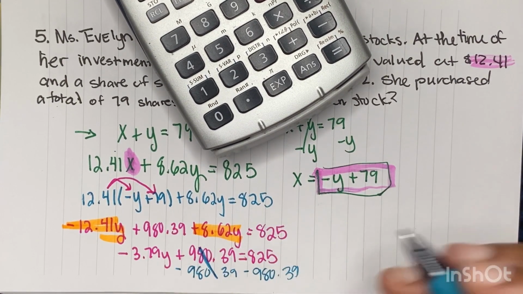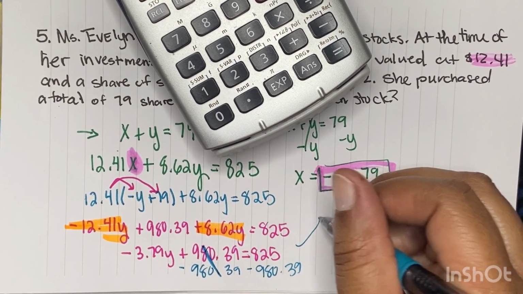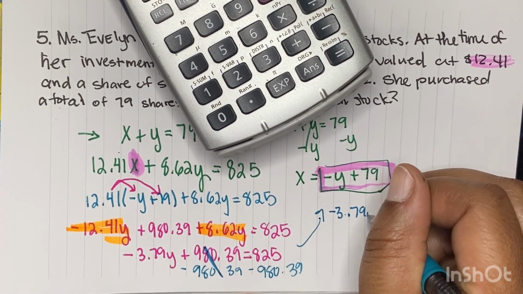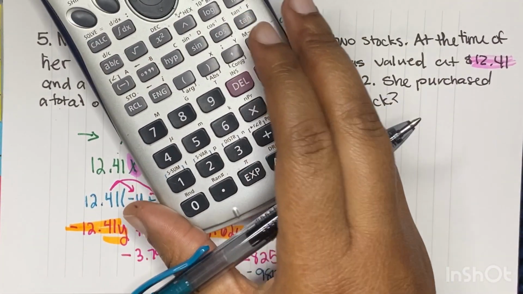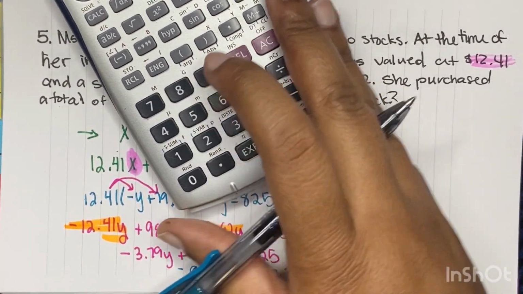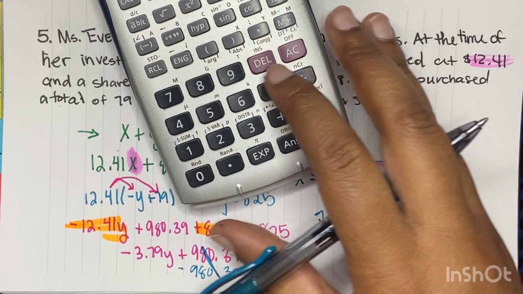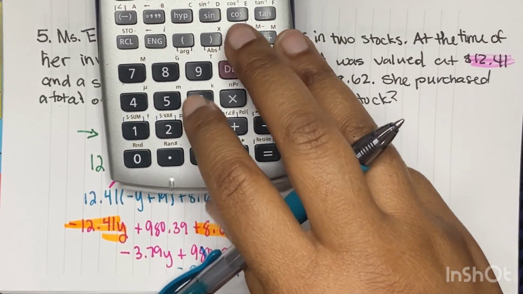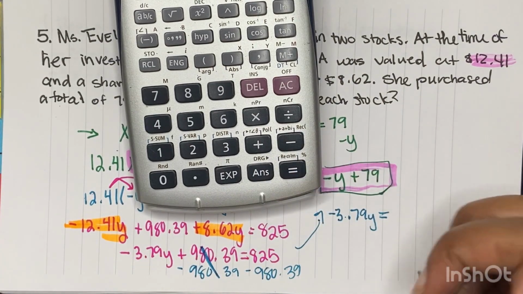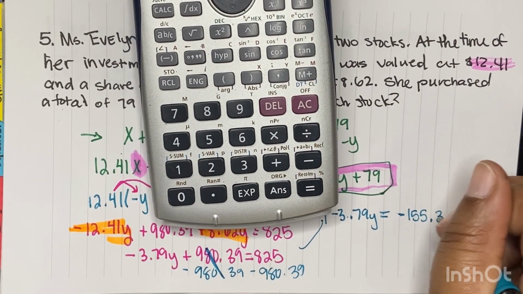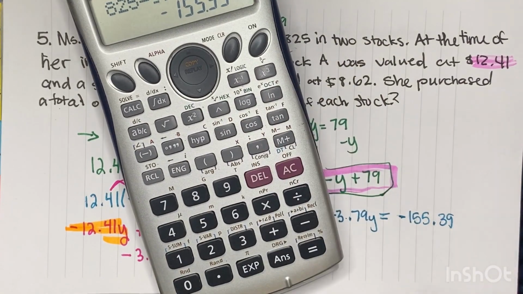Okay. So we're left with, moving it up here, negative 3.79Y equal to, let's put this in the calculator, 825 minus 980.39. And we get negative 155.39. Okay.